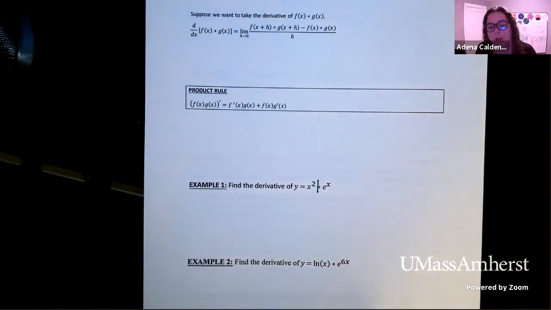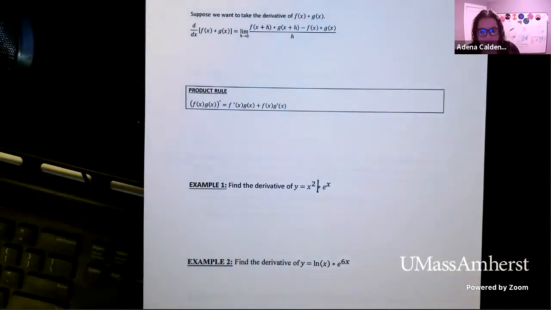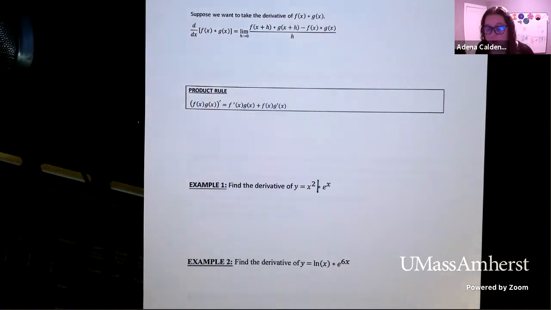Now, with the product rule, you pick one function to be your f and one to be your g to start working through the steps. It doesn't actually matter which one you pick to be f and which one you pick to be g, because all the operations we're going to do are commutative. But the convention is that the first function you see is your f and the second function you see is your g.